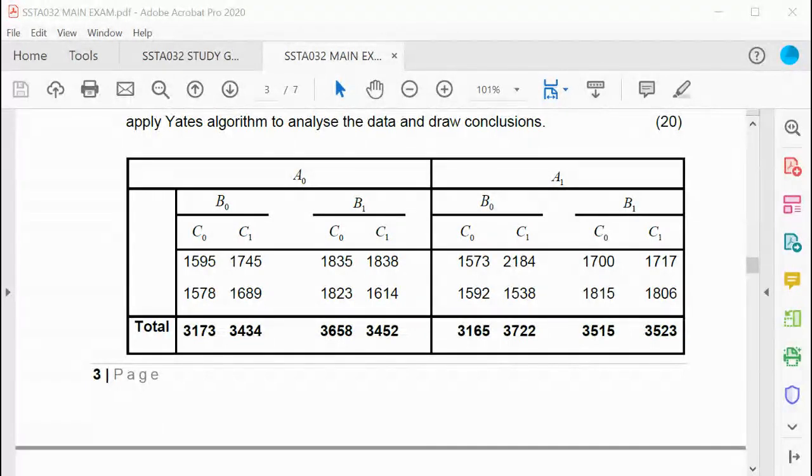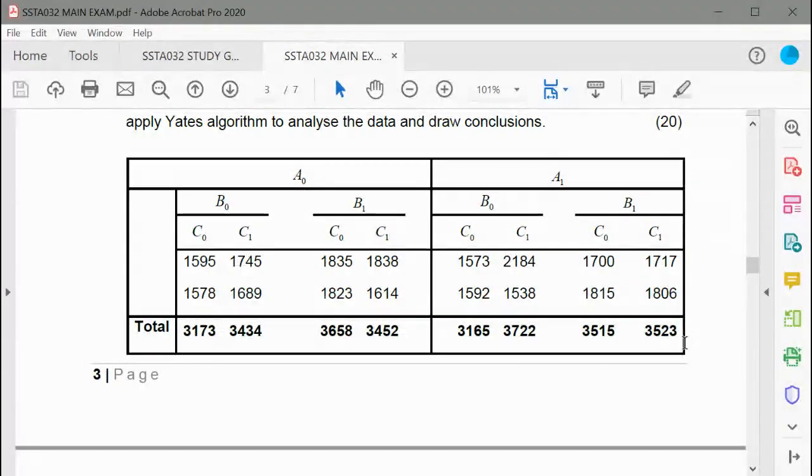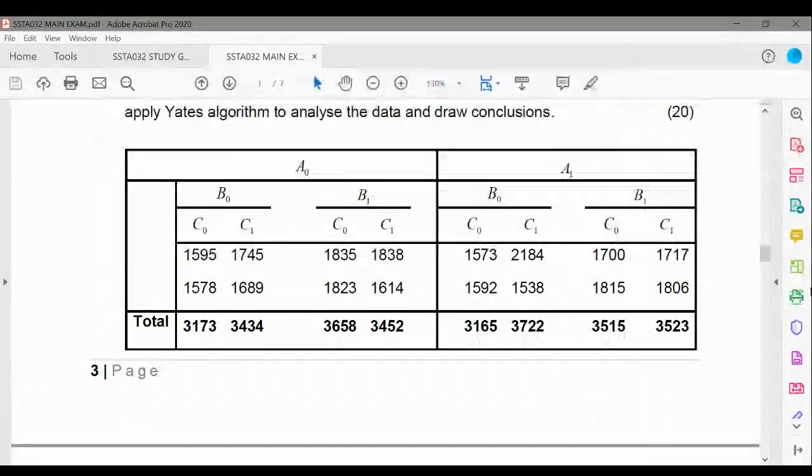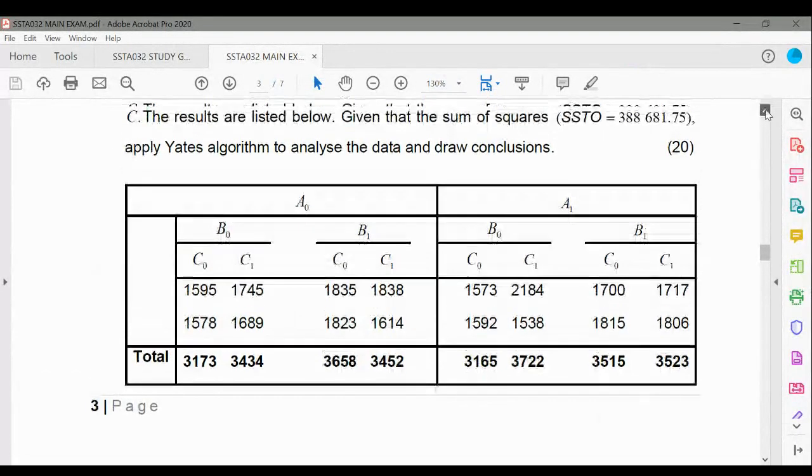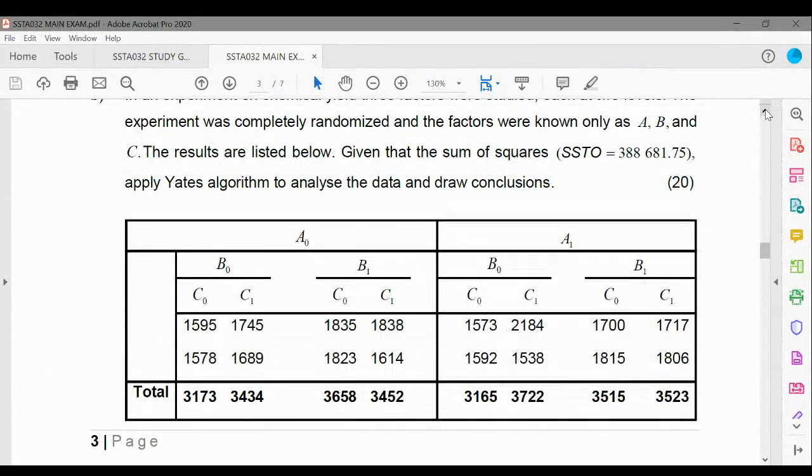Let's check this question. Can you see the question? Yes. If you check this question, how many factors do we have?